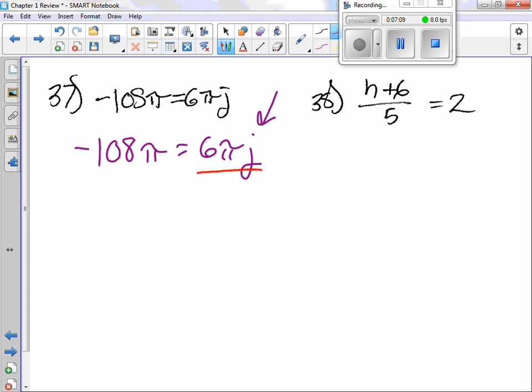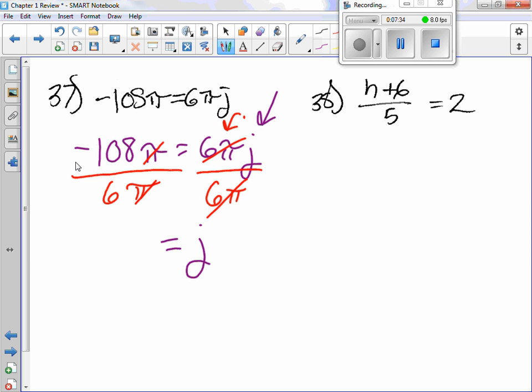Now if I want to get j by itself, well, what's with it? 6 pi, yes? So what I can do is I can divide both sides by 6 pi, because 6 pi and 6 pi will cancel out. Pi and pi on the other side will cancel out too. So I am left with j by itself. Well, now I'm really left with 108 divided by 6.